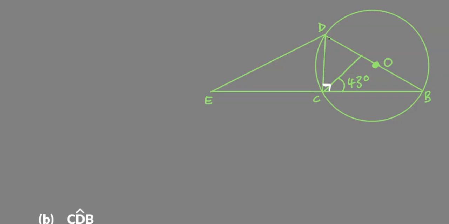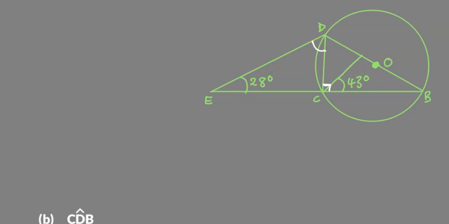Or simply angle DCE is going to be 90 degrees. Remember, we're trying to find the angle CDE. The angle CDE is the angle here. If you pay particular attention to the question, you find out that they've even given us the angle at E, which is 28 degrees.